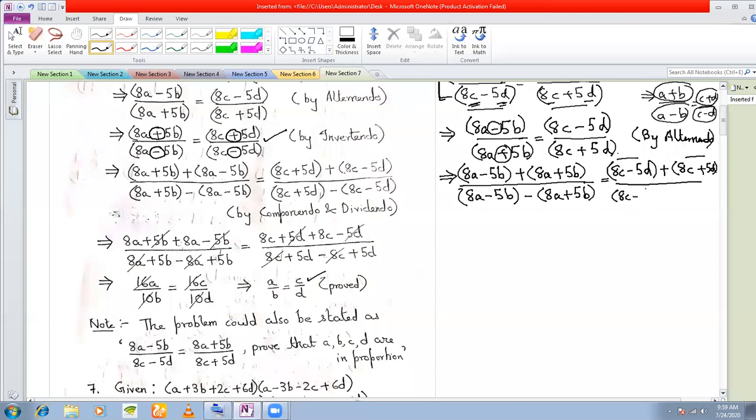8c minus 5d minus 8c minus plus 5d. Okay, so this now simplifies to 8a minus 5b. So open the brackets first, plus 8a plus 5b divided by 8a minus 5b. Now if you open this bracket, the signs are going to change.